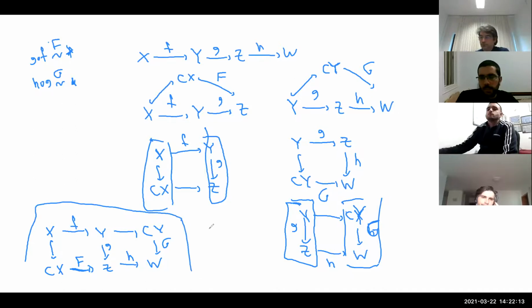I want to do now the same for the case of four maps. When we have not just two null homotopies but three first order null homotopies, and we have two second order null homotopies.